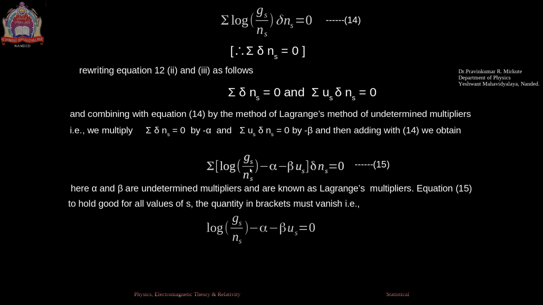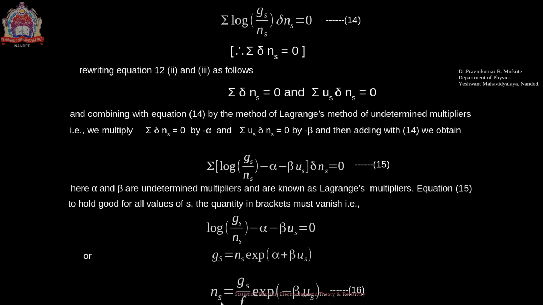So for equation 15 to hold good for all values of s, the quantity in bracket must vanish. So we get log of gs by ns minus alpha minus beta us is equal to 0. Or we can write gs is equal to ns exponential alpha plus beta us, or ns is equal to gs divided by f exponential beta us, that is equation number 16. Or we can write ni is equal to gi divided by e raised to alpha plus beta ui.